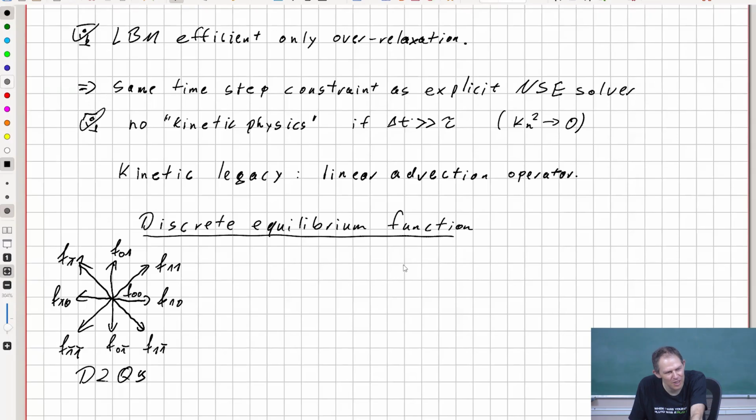The collision term. You see that when we derive the Navier-Stokes equation from the BGK equation, we get a diffusion term. So the diffusion is coming from the source term, the collision operator. The diffusion comes, okay, good.